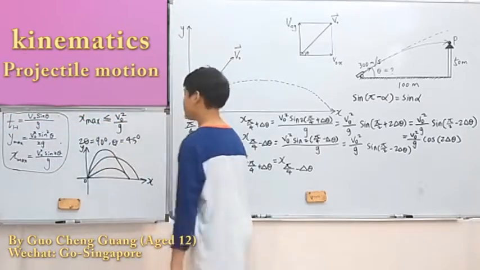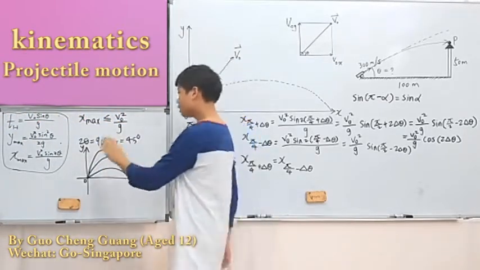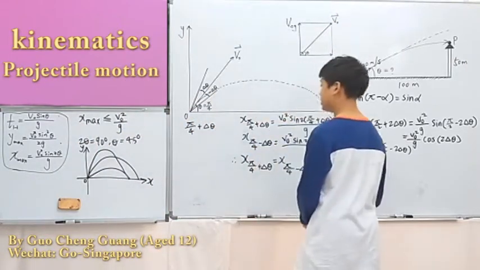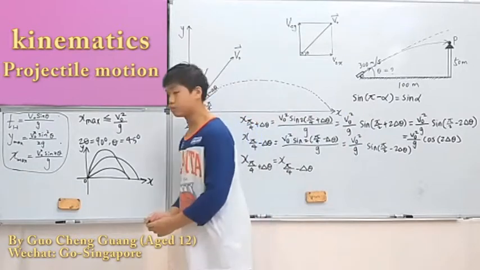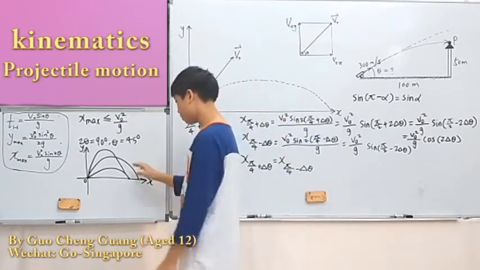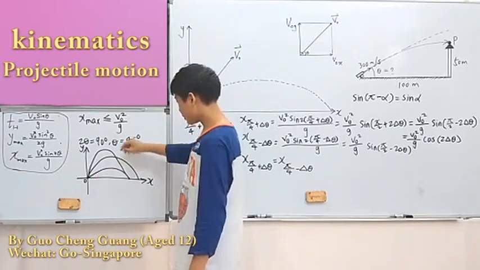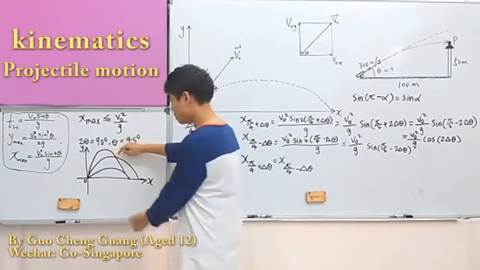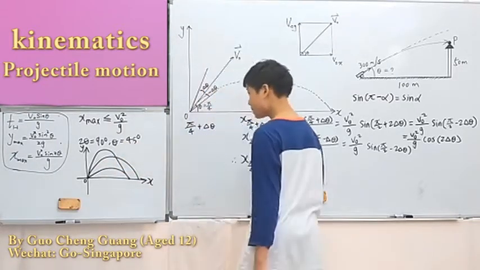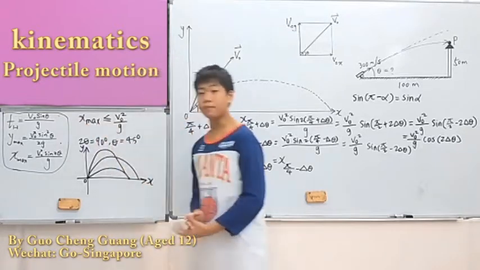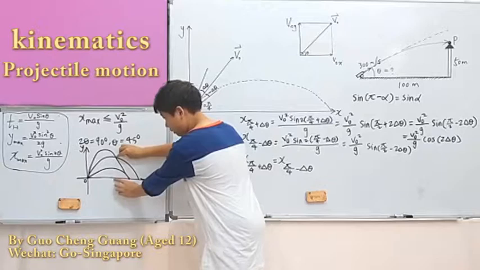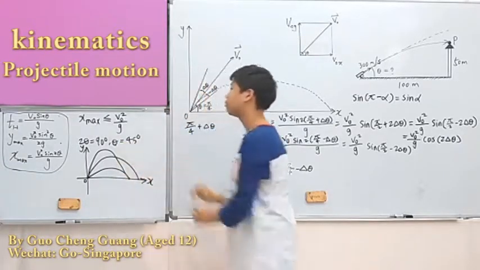Let me go over these parts again. The first is TH, the time taken to reach the maximum height. The maximum height, for example on this graph, will be around here, so it is the time taken to reach here. The second part is the maximum height itself.